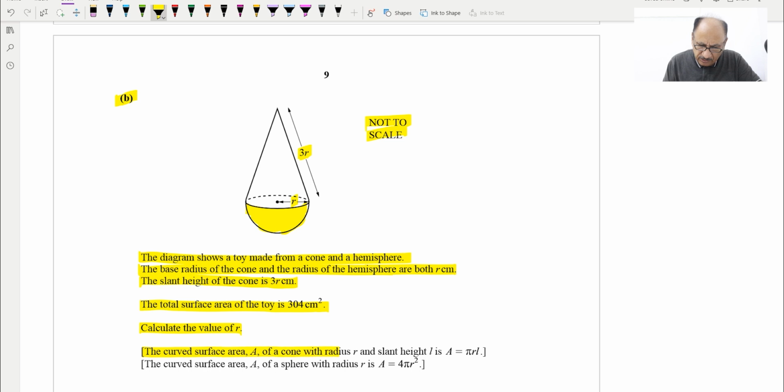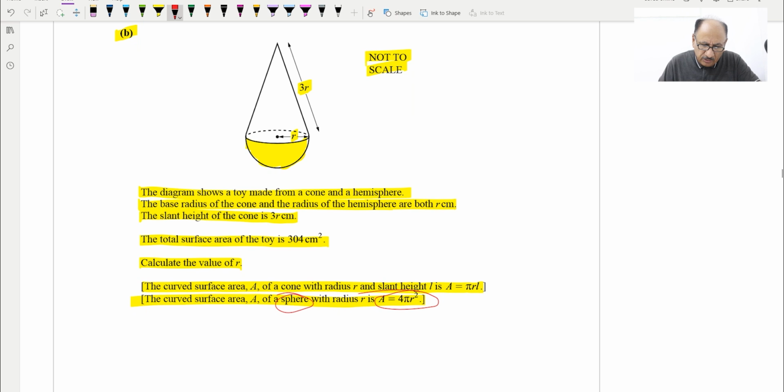The curved surface area A of a cone with radius r and slanting height L is pi r l, and the surface area of the sphere, keep in mind it's a complete sphere, and we are having a hemisphere. So for complete sphere it is this one, and for hemisphere it will be divided by 2.